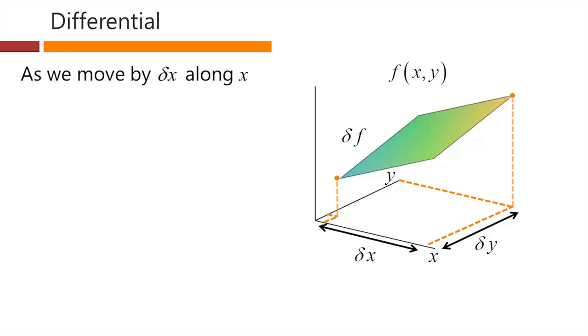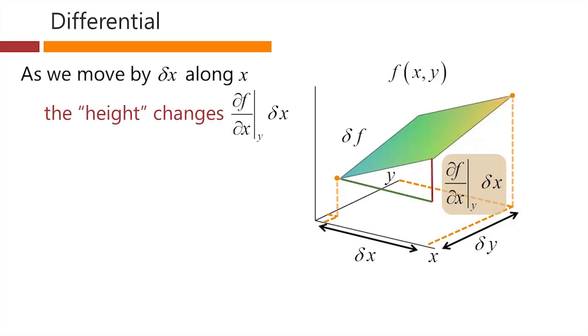So as we move by delta x along the x direction, the height changes by the amount of this red line here, and the length of that line is partial df by dx at constant y, that's the gradient of this line here, the slope of that, times delta x. And so we've accumulated this much change in height, delta f.